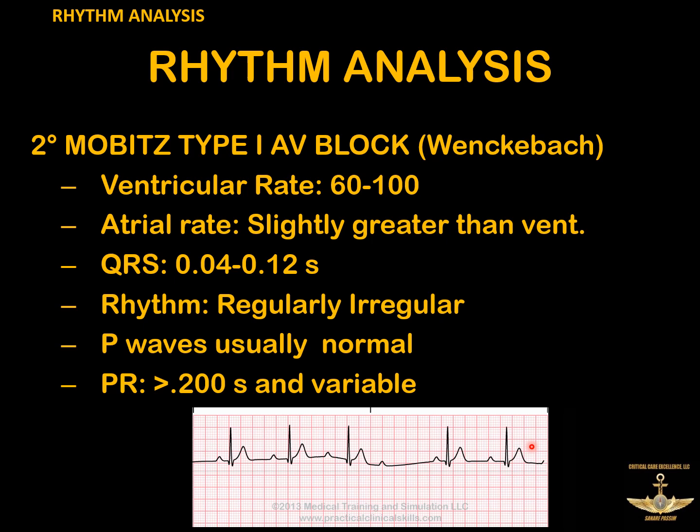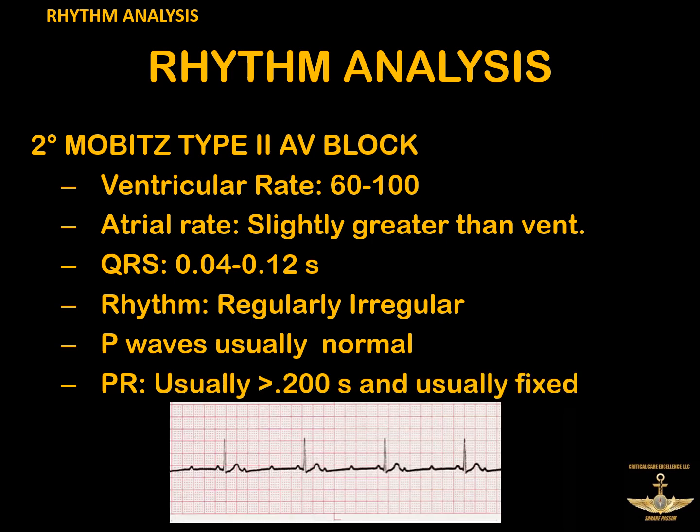You have a pathway in there which has a very regular rate of conduction and a regular delay of conduction. So that's why you get this PR interval which is normal, then it gets longer, longer, longer, and drops. So that is second degree type 1. Now we're going to contrast that in just a second with second degree type 2.